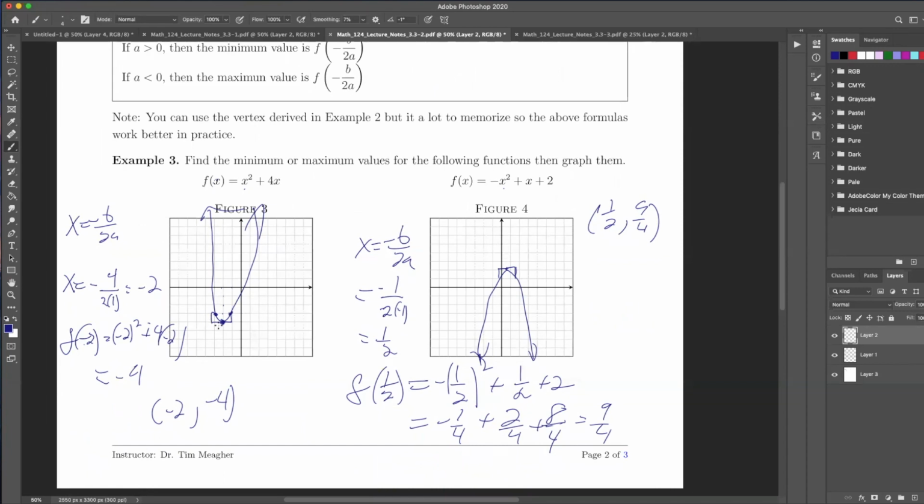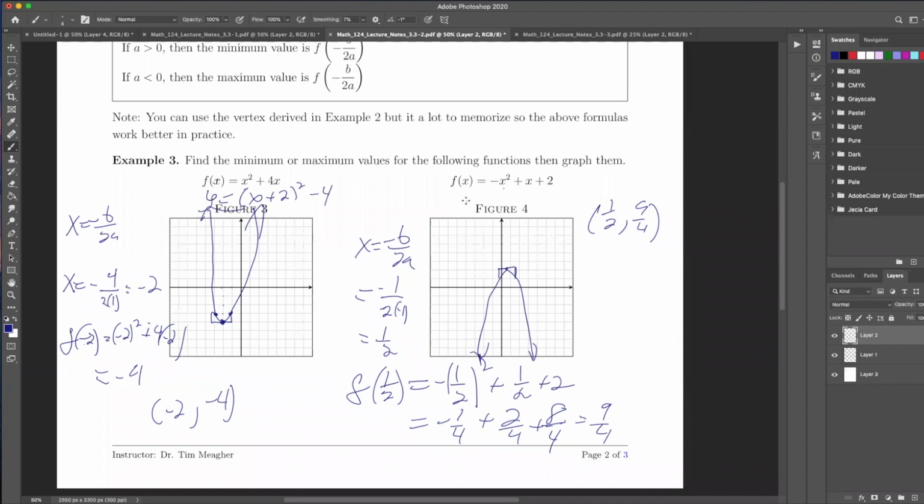Here, we found the vertex. The vertex gives us everything we need. In fact, we could rewrite this as x plus 2 squared minus 4, right? Because I know what this is. If I solved it the other way, this is what you're going to get.